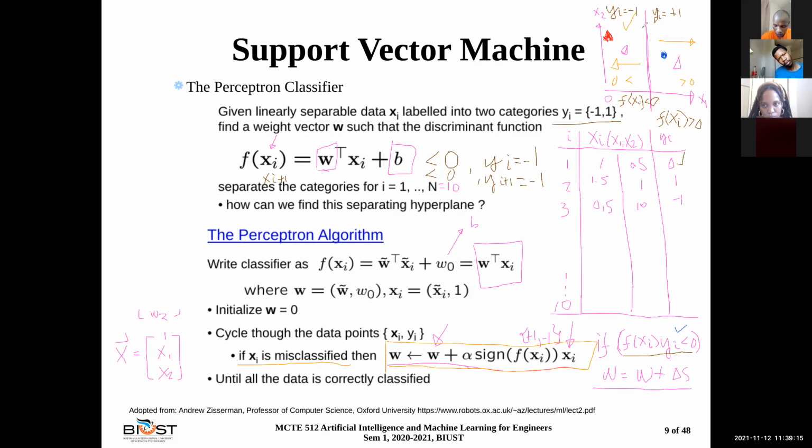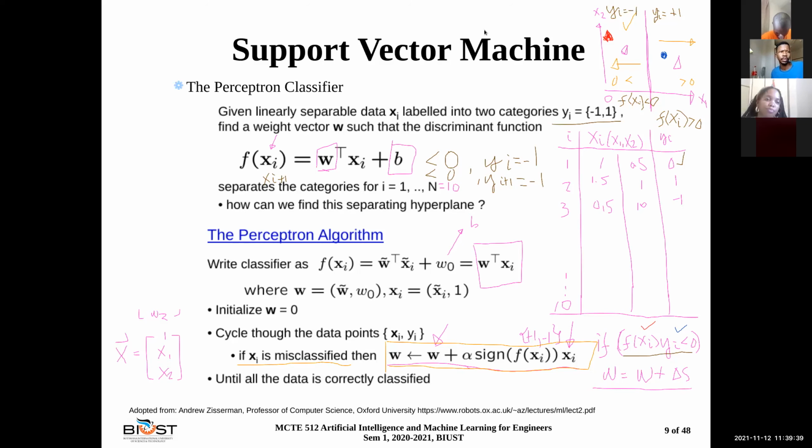Less than 0 multiplied by +1 is again a negative number. So that's why here again it is misclassified. A misclassification is a multiplication of f of xi times yi less than 0. So we will update your w whenever there is a misclassification. Okay?